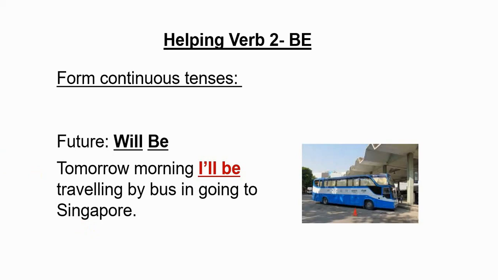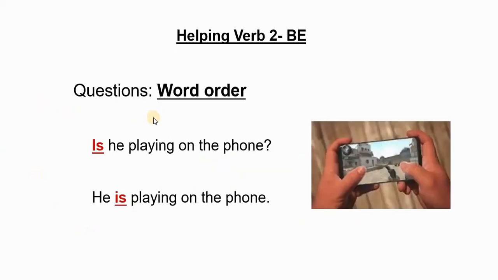And with the helping verb be, when you ask a question, the word order is different. The helping verb comes before the subject. For example, is he playing on the phone?